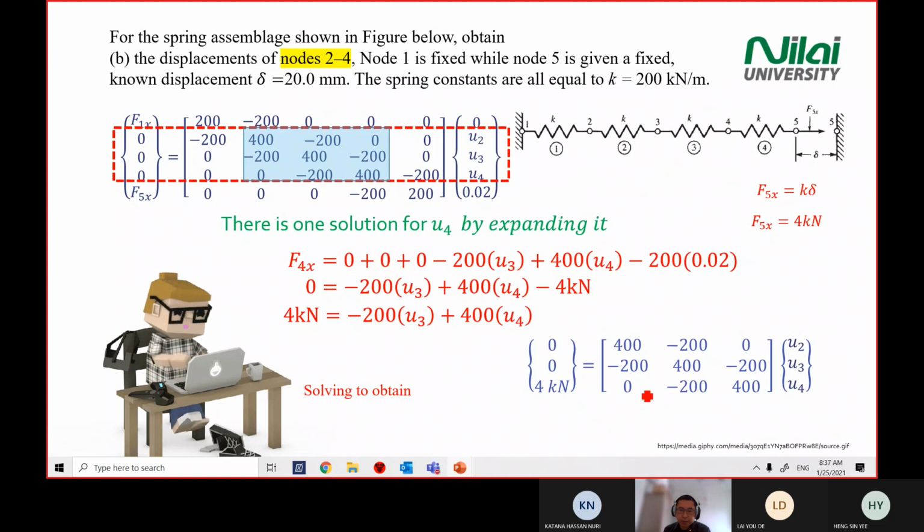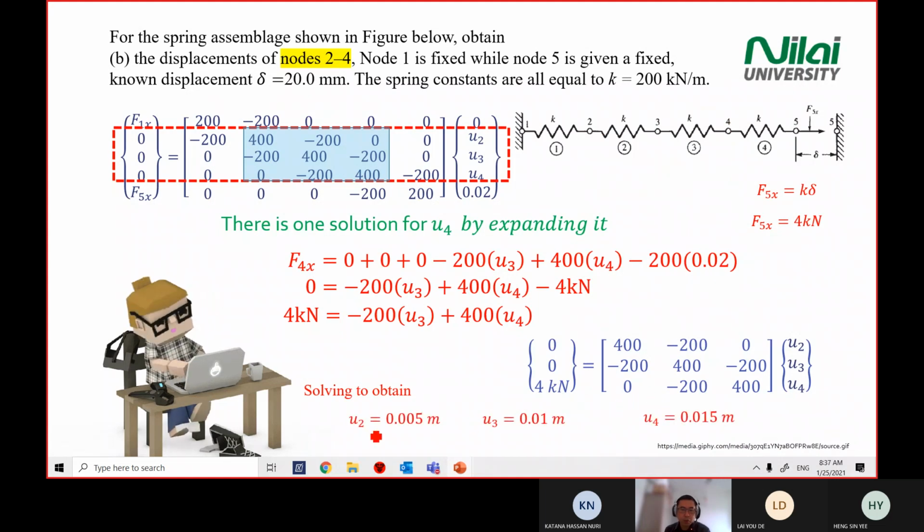So we solve this equation. When we solve it, we're able to find the displacement for points 2, 3, and 4. Because with this matrix alone, in the lower right corner of the screen here, if you put in the equation, for example, 0 equal to 400 times U2 plus negative 200 U3 plus 0, you get one equation, and so on.